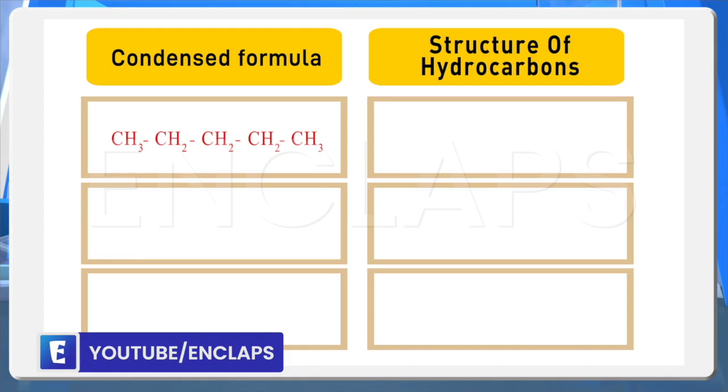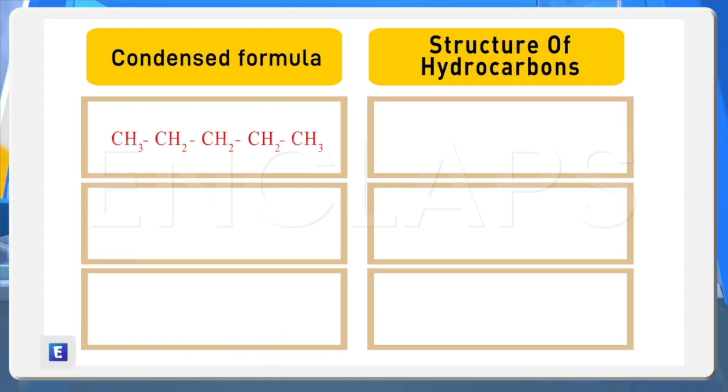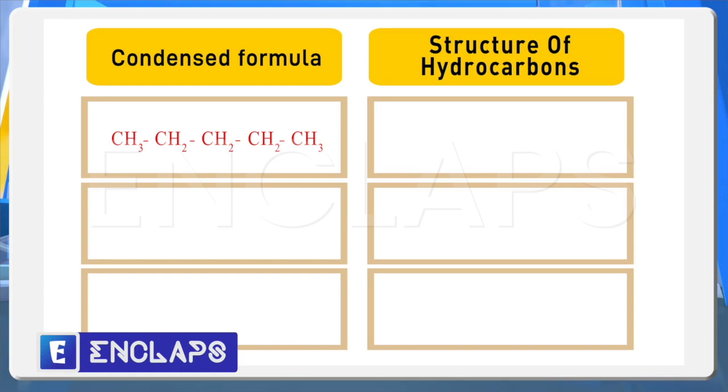How many carbon atoms? 5 carbon atoms, right? So first we have to draw the carbon chain. The chain containing 5 carbon atoms. Okay, now we draw the carbon chain. Then we have to fill the hydrogen atoms in that carbon chain.